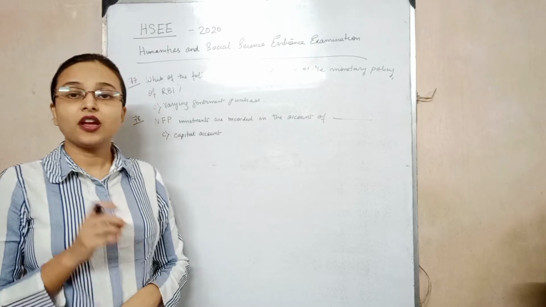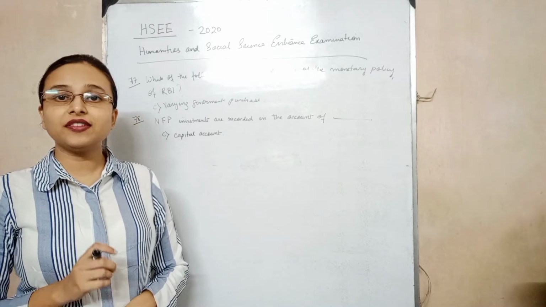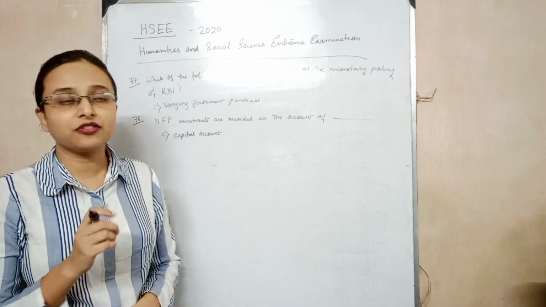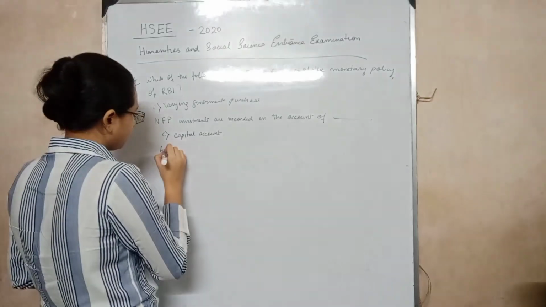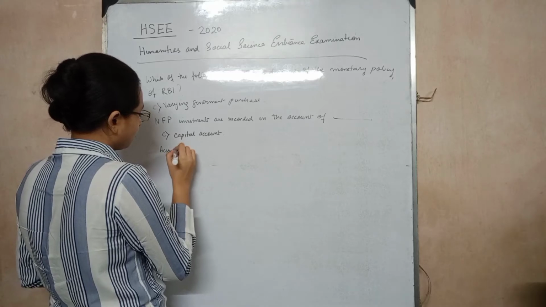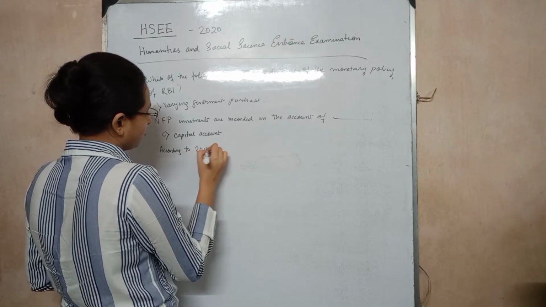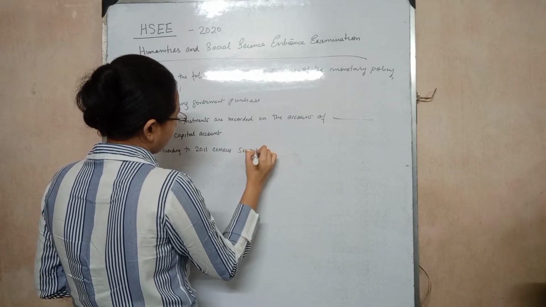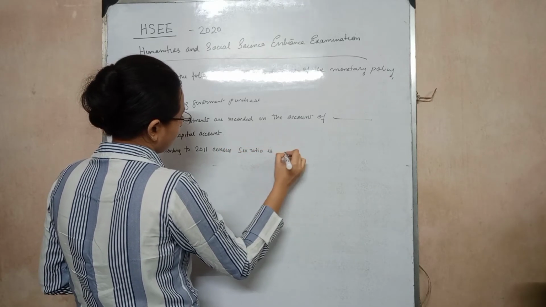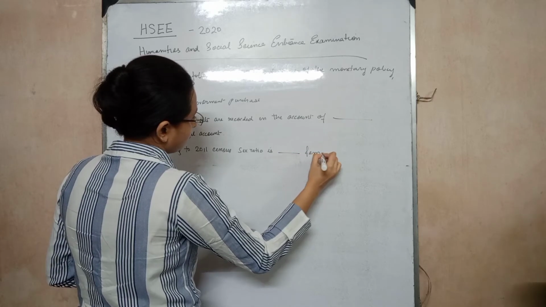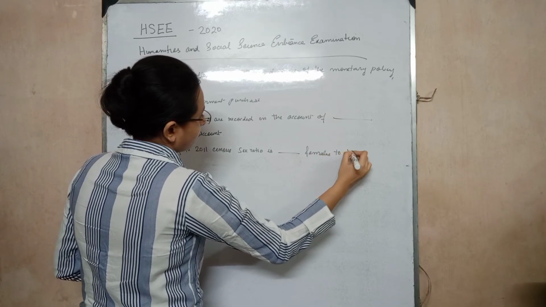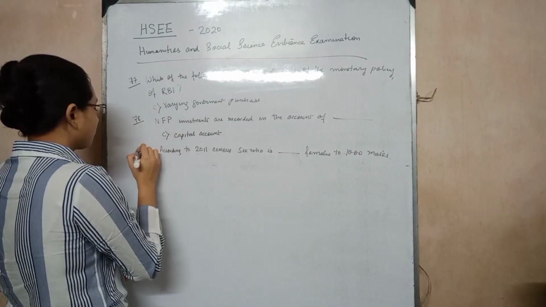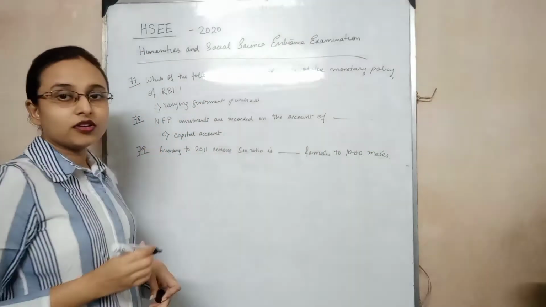The next question. According to the 2011 census, sex ratio is dash females per 1000 males. Now, what is the sex ratio?